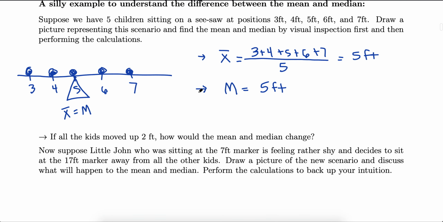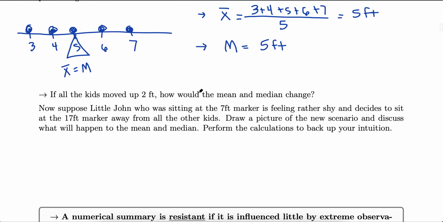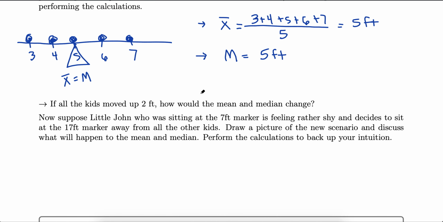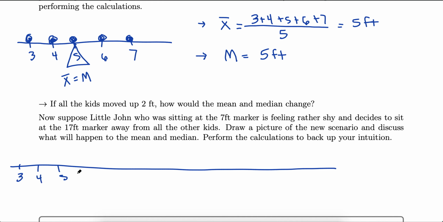Now let's change up our example a little bit. Suppose that this guy, little John here, sitting at 7 feet, for whatever reason, he's rather shy and decides to move way up to 17 feet. So let me draw my new picture here. Maybe not to scale as much, but we'll kind of eyeball it. 3, 4, 5, 6, 7.